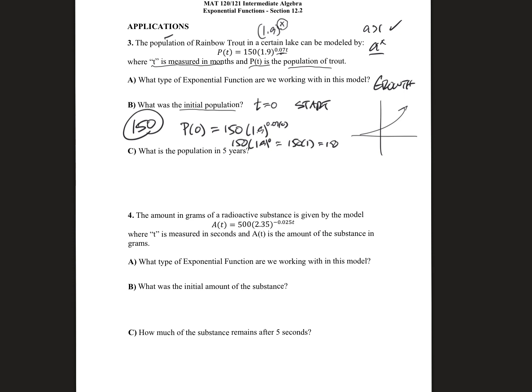When we now ask what's the population in 5 years, well, remember the time is measured in months. So the first thing I need to do is figure out that 5 years is equivalent to 60 months. The way I did that is a year has 12 months in it, giving me the 60.